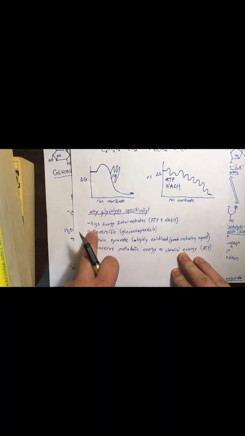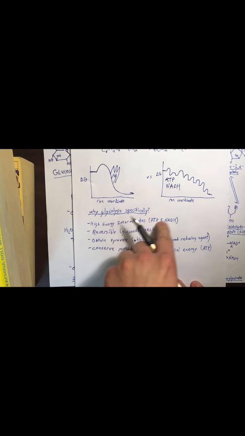So why specifically are we doing glycolysis to start this out? Well, there are a few main reasons. First, we can use enzymes to stabilize high energy intermediates. And then we can use those high energy intermediates to produce chemical energy in the form of ATP and NADH.